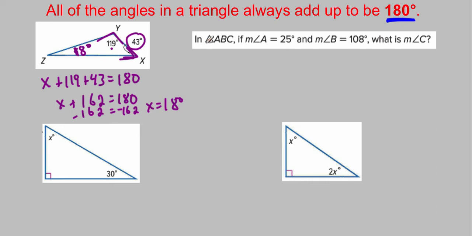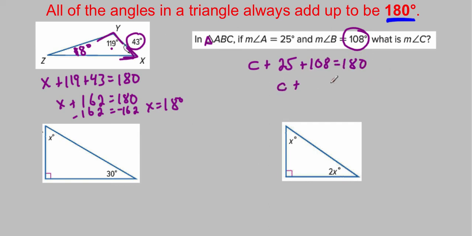So same thing here. In triangle ABC, the measure of angle A is 25 degrees. The measure of angle B is 108 degrees. What is the measure of angle C? Well, first thing you should hopefully notice is 108. Definitely an obtuse triangle. It's got an obtuse angle. But we know that the measure of angle C plus the measure of angle A plus the measure of angle B has to equal 180.